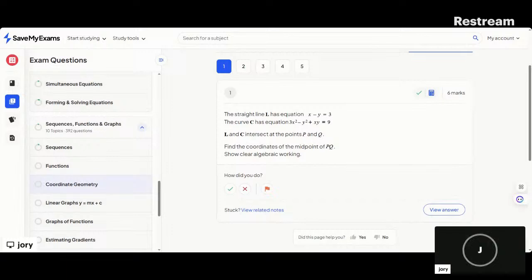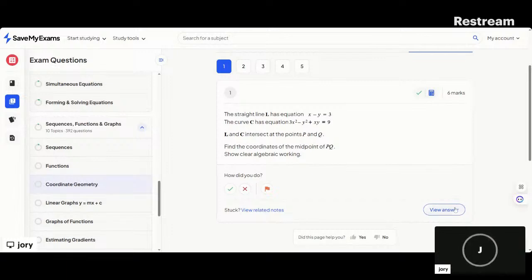And then put it back into the first equation for y. Y equals, what was y? Y equals x minus 3. Y equals negative 1 or y equals negative 6. Oh, and then, okay, we don't stop here. We're looking for the midpoint.